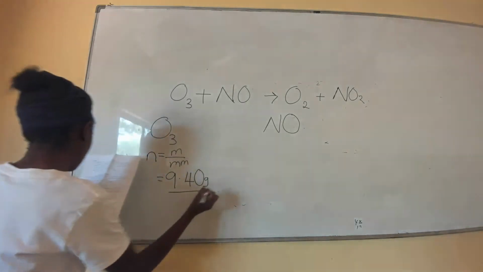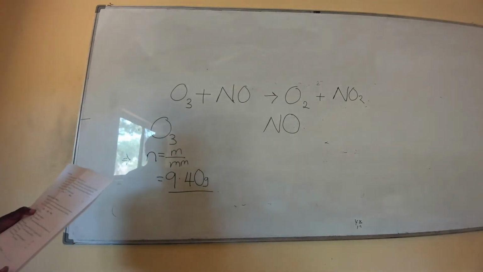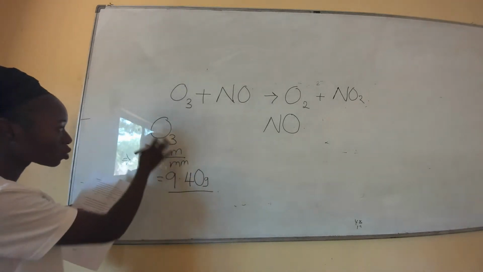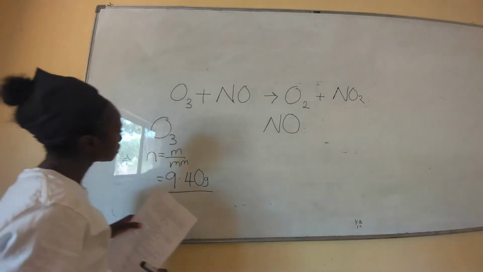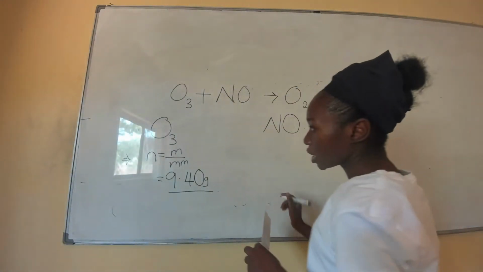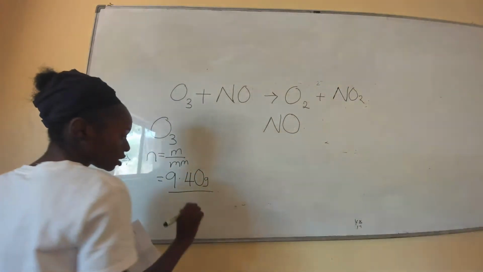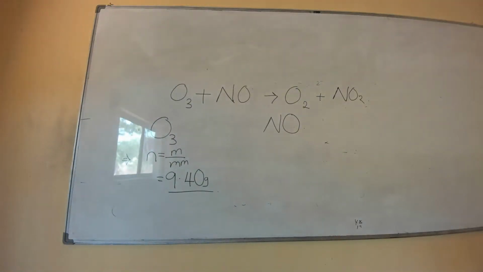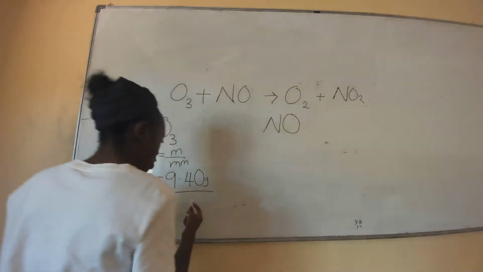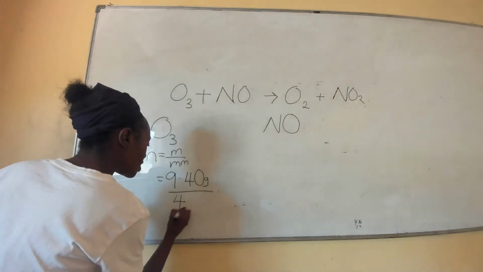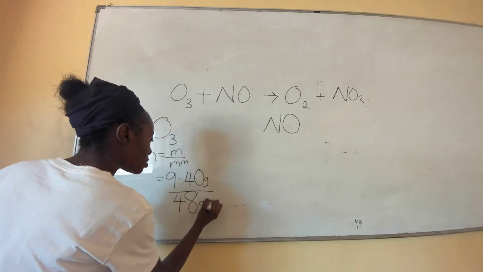And then the molar mass, we simply divide the 9.4. The molar mass was, we multiply the 16 by 3, which will give us 48 grams per mole.